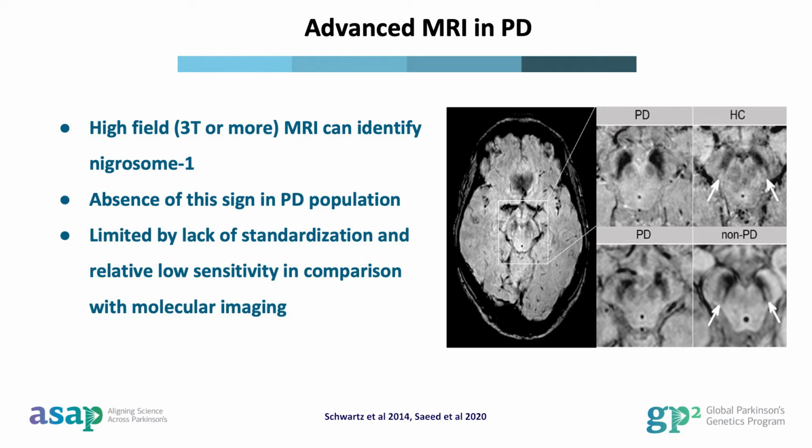Some studies suggest that this sign might not be present in individuals with PD, but can be seen in healthy controls, as shown in the image. However, its use is limited by the lack of standardized protocols and the relatively low sensitivity compared to molecular imaging, which leads us to our next topic.